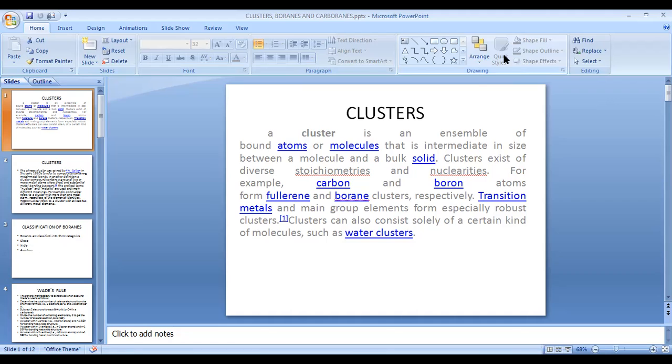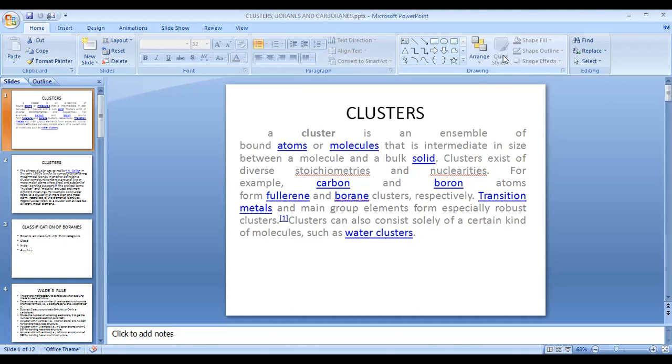And nuclearities means the same atoms, the central atoms, we can say nuclei. In NaCl, sodium is one nucleus and chlorine is another nucleus. For example, carbon and boron atoms form fullerene and boron clusters.